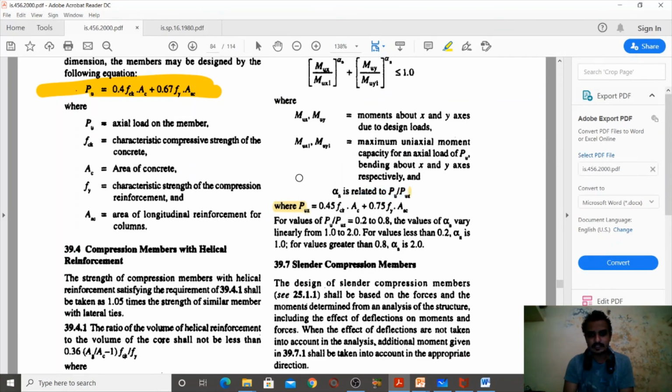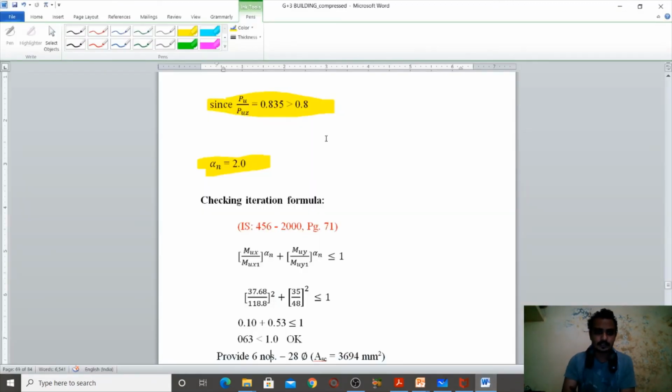Alpha n is related to PU upon PUZ. For PU upon PUZ from 0.2 to 0.8, the value of alpha n varies linearly from 1 to 2. For values less than 0.2, alpha n is 1, and for values greater than 0.8, alpha n is 2.